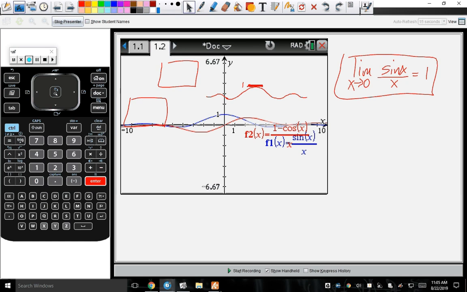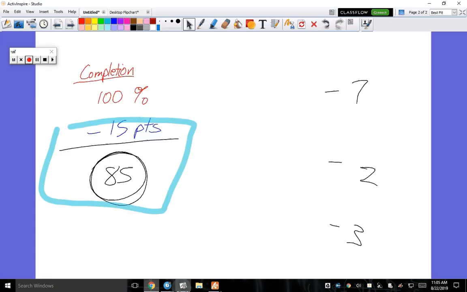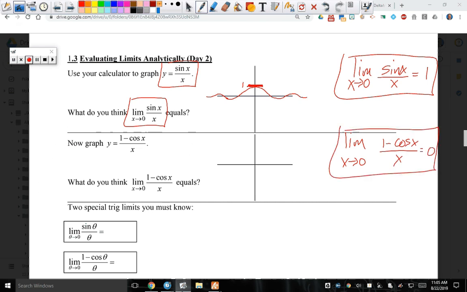That one's a little bit different. Guys, if I approach 0 on that red graph, what would I get? I would get 0. So there's our second one that we're going to memorize. We'll see the algebra soon. But for now, we're going to memorize that the limit as x approaches 0 of 1 minus cosine of x over x is equal to 0.